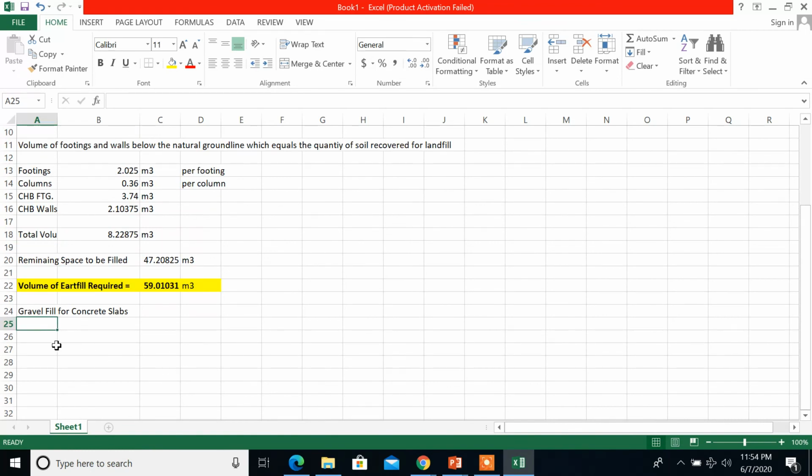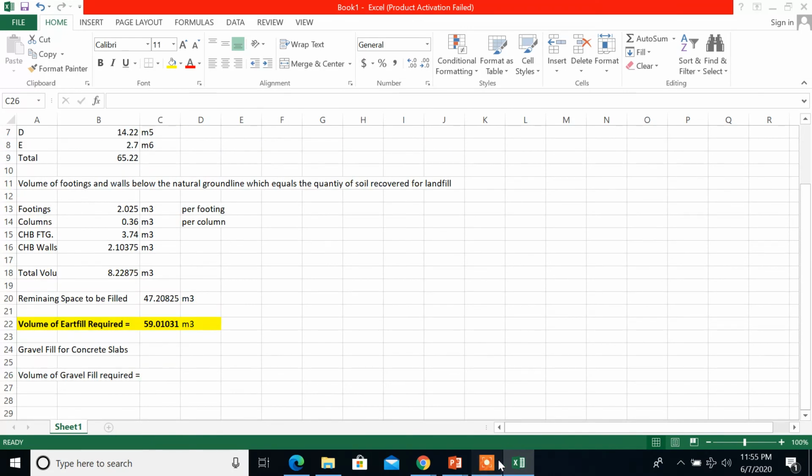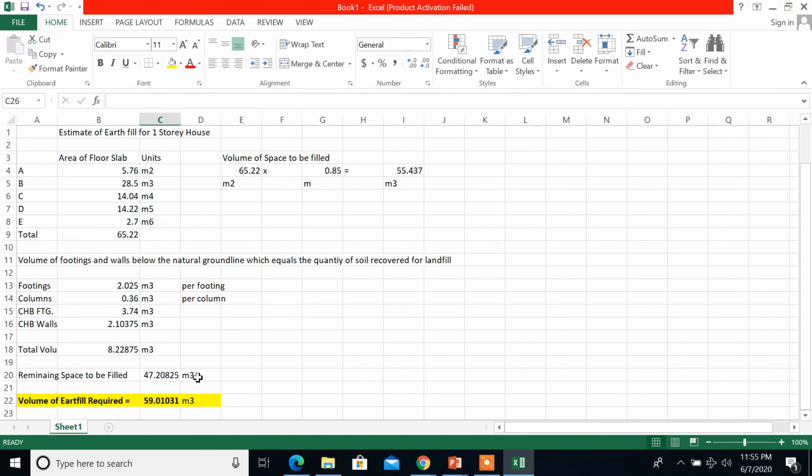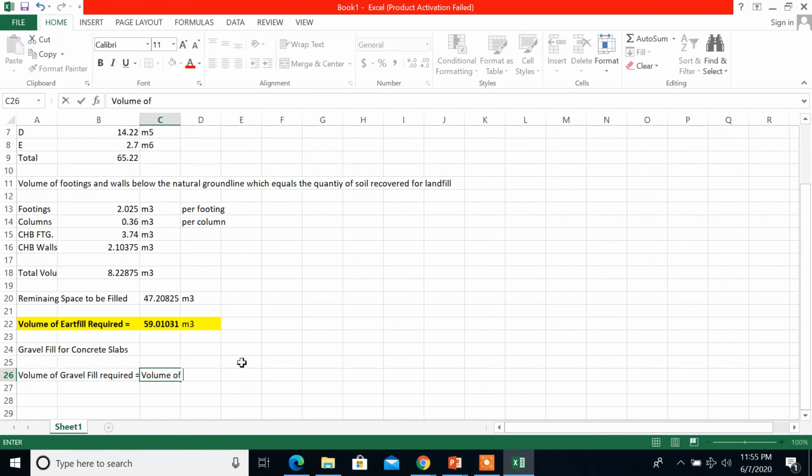So, to determine the quantity of the gravel fill, the formula: volume of gravel fill required is equivalent to volume of space to be filled times 0.1.